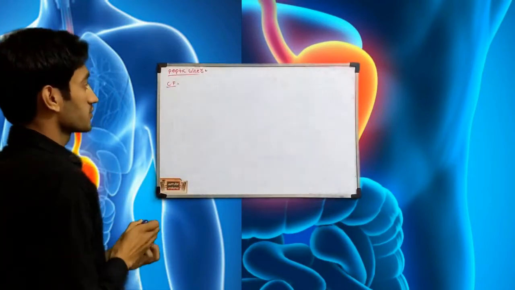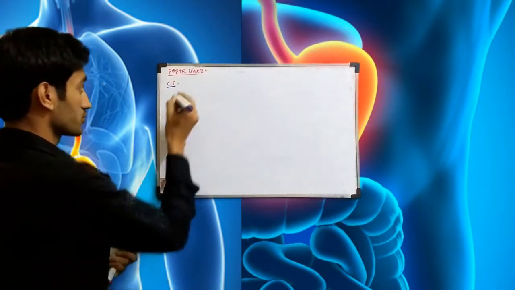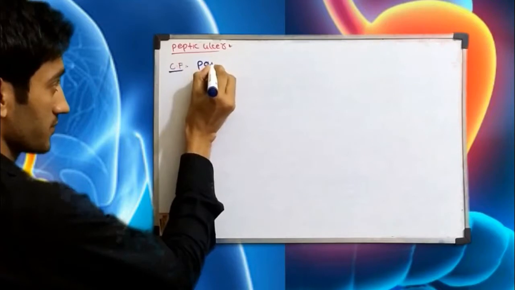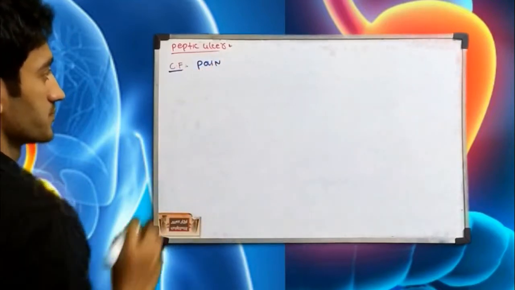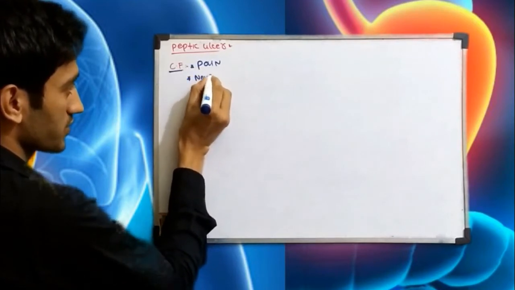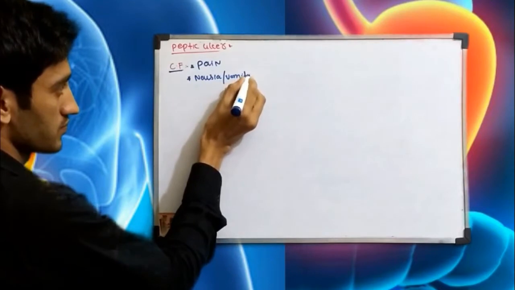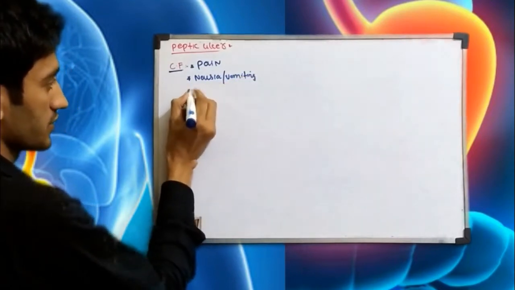The clinical features of peptic ulcer include pain, nausea and vomiting, and hematemesis.